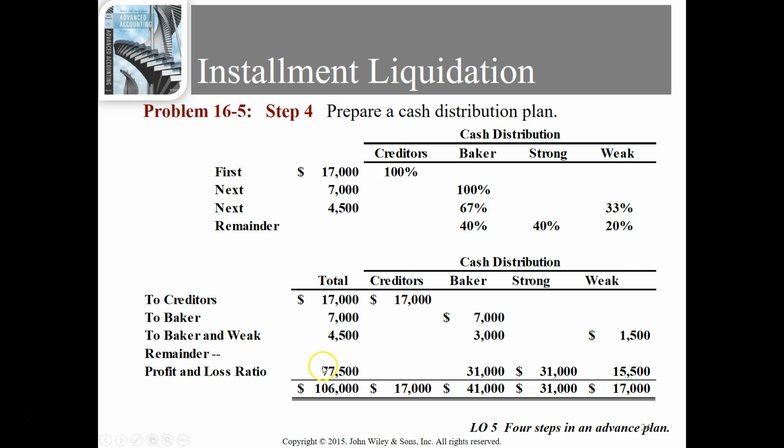This would be the potential cash distribution plan, assuming the 106,000 was coming through the door. So if you wanted to show these to the partners, they would get a sense that if we took the 106 offer, Baker would end up walking away with 41,000, Strong with 31,000, and Weak with 17,000.